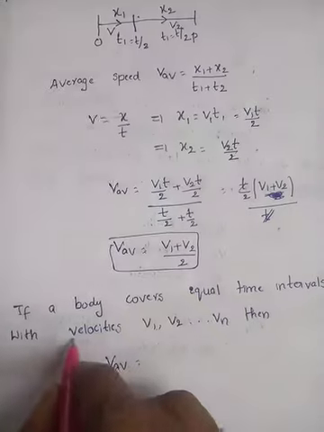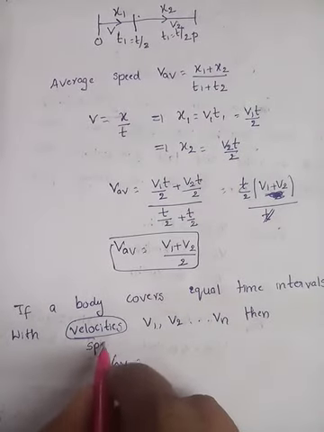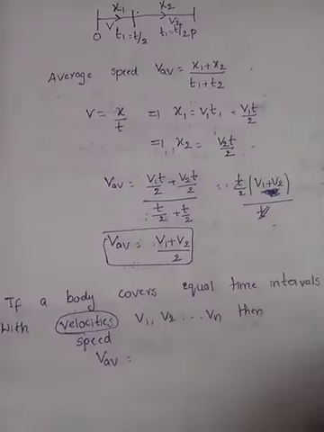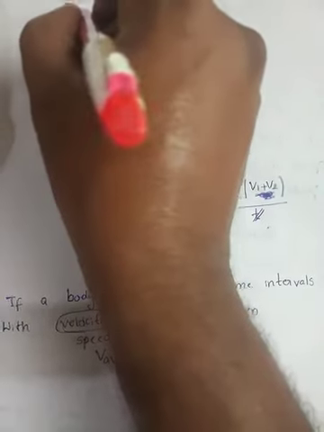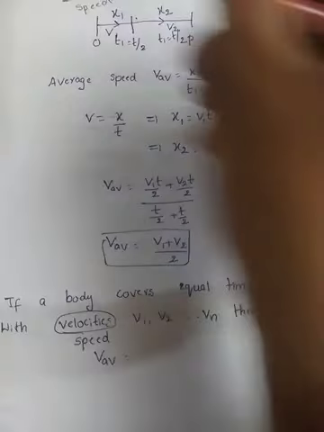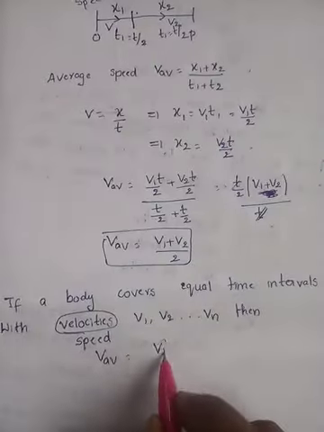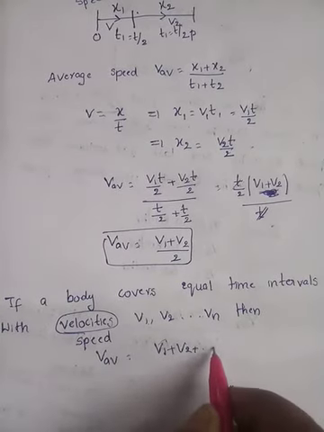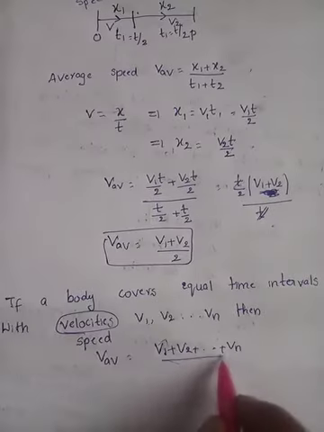Sorry, here you can consider speeds or velocities, it doesn't matter. Here also you can take speed only, later we can discuss velocity. So v average equals v1 plus v2 and so on plus vn, by n.